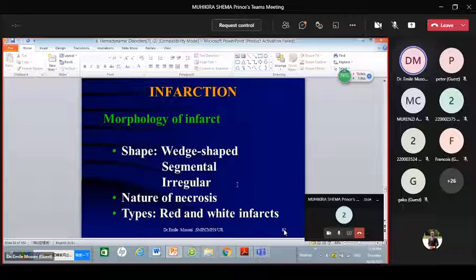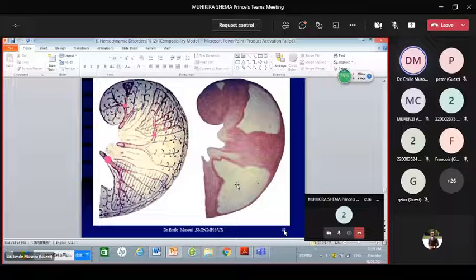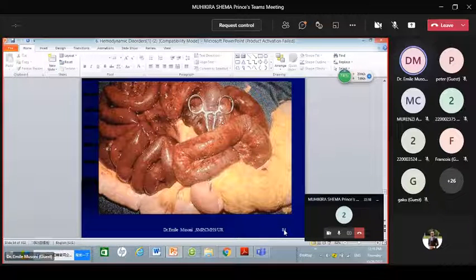They can be red and white infarcts. If you still remember this one, an infarct is wedge-shaped, segmental, and irregular. Twisting of the blood vessels, like here in the intestine.